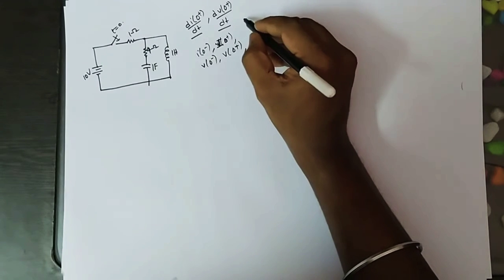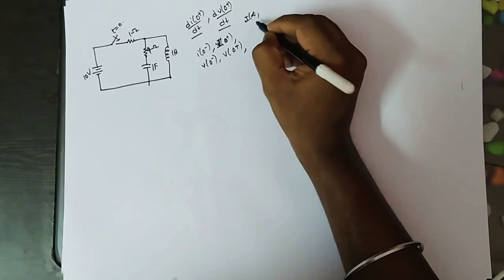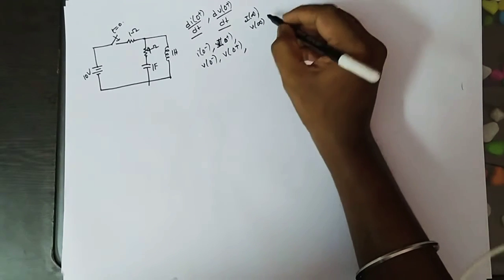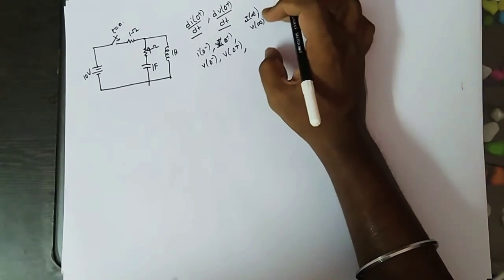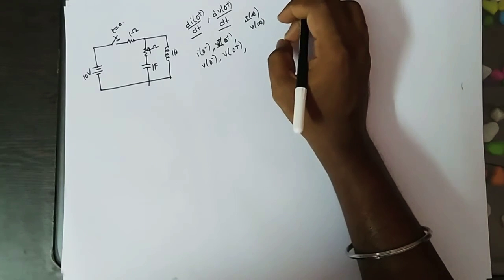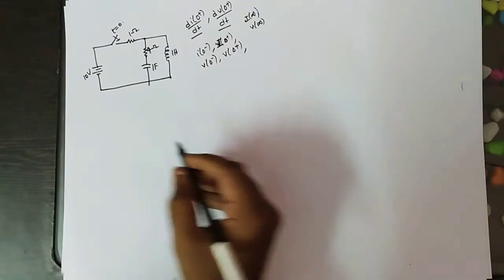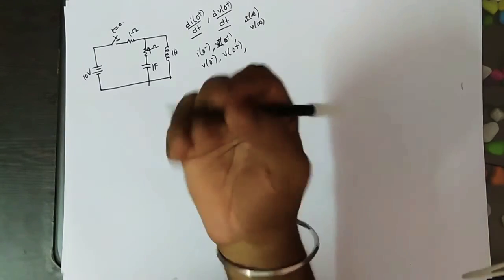After this, you need to find I of infinity and v of infinity. So we initially find all these things, and later we discuss the question pattern they'll be asking.